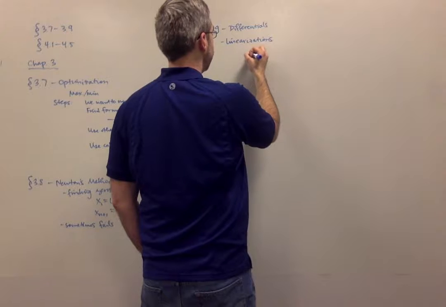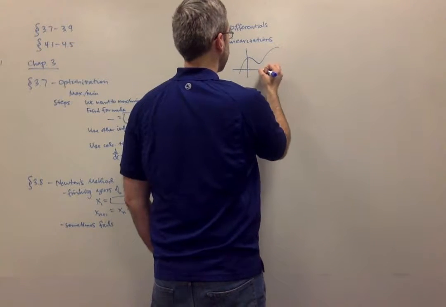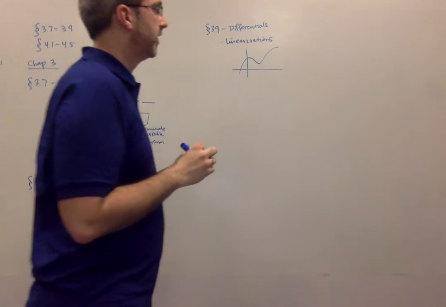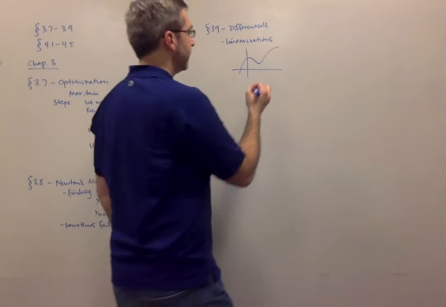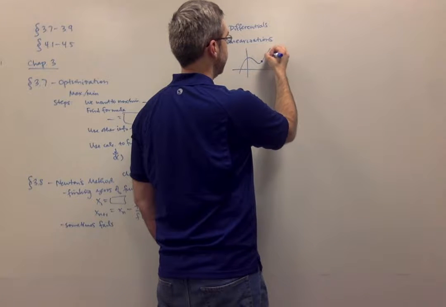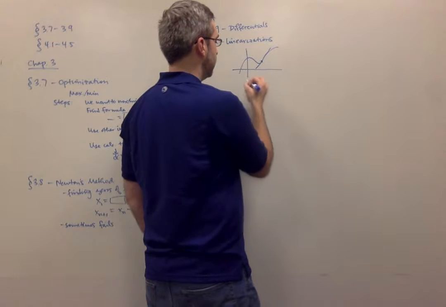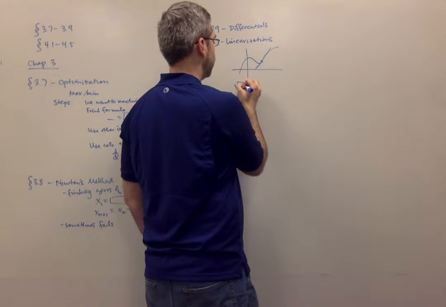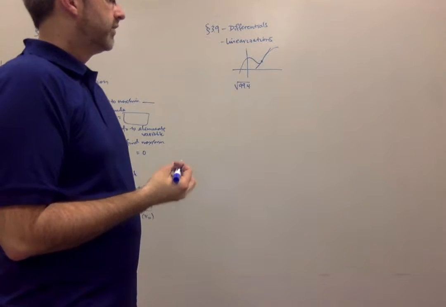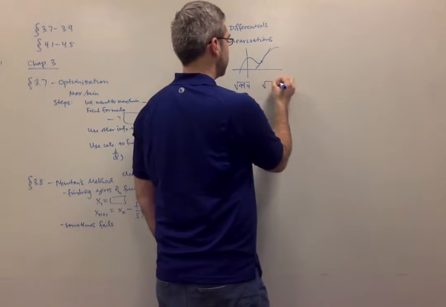The idea here is that if I wanted to plug a number into a function, and plugging that number into the function is very hard, what I do is I find a place nearby where plugging into the function is easy, and then I take the tangent line, and the tangent line is easy to plug in. So we had an example like, if I want the square root of 99.4, the square root function is really hard to plug 99.4 in, but it's very easy to plug in the square root of 100.